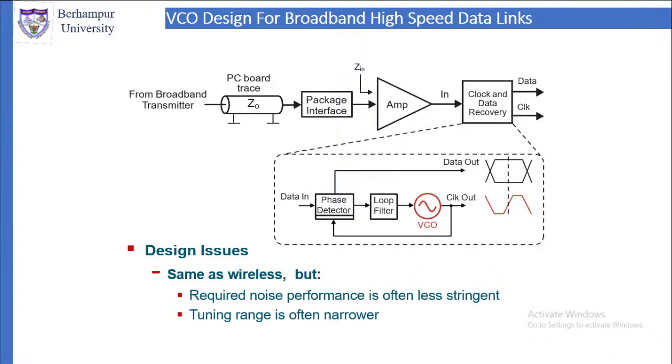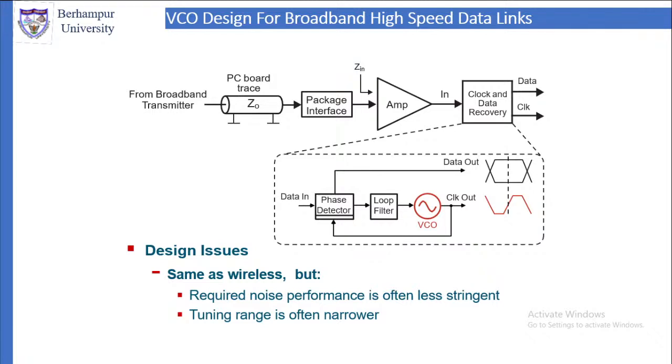Then you have a PCB board trace, through the transmission lines or microstrip lines on the PCB board, connected to the interface package. The output of the package is connected to the amplifier with input impedance Zin. The output of the amplifier is the boosted version of the power that has come from the broadband transmitter.